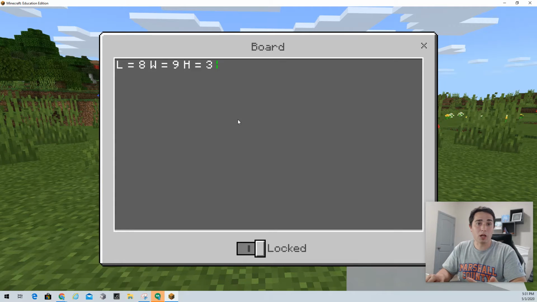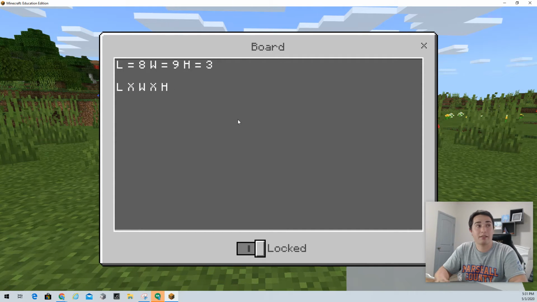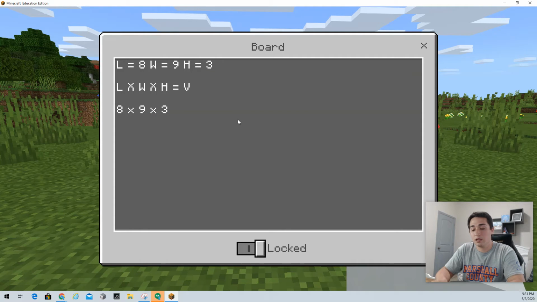Those are all blocks that I'm counting. So volume is length times width times height equals V for volume. Now let me put in those numbers where those letters are. So 8 times 9 times 3 would equal my volume.